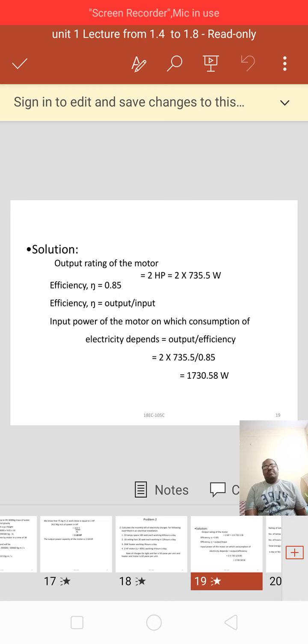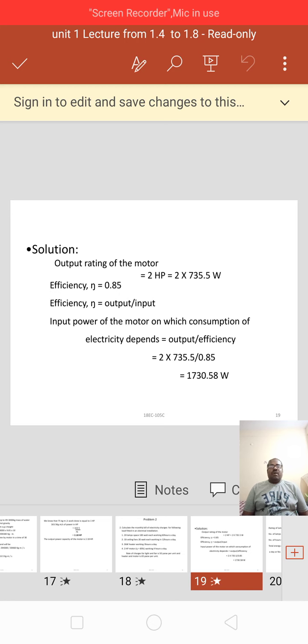Output rating of the motor is given as 2 horsepower, that is equal to 2 into 735.5 watts. That is the conversion of horsepower into watts. Efficiency eta is equal to 0.85. Efficiency is generally the ratio of output to input, that is 0.85, corresponding to the given data in the problem.